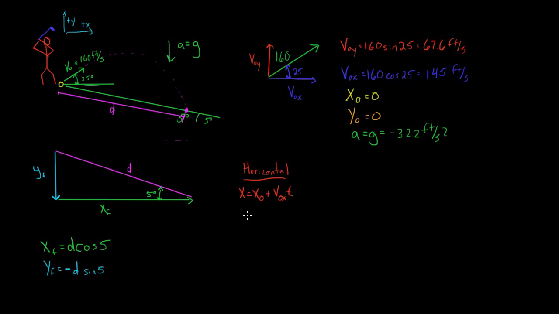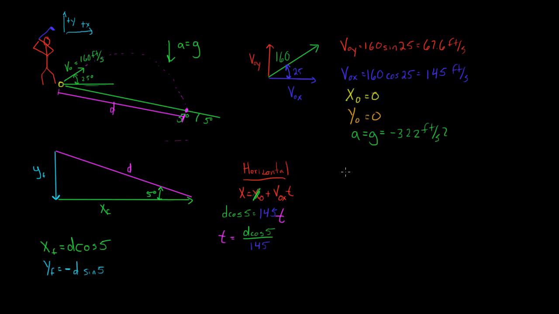Our final position in x is d cosine of 5, and that's equal to an initial x position of 0 plus our x velocity, 145 feet per second, times some time. We don't know the time, so we solve for it: time is equal to d cosine of 5 divided by 145.